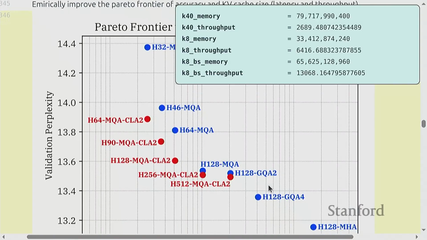Okay, so notice that, for example, with 64 heads, the cache size gets reduced, but the validation perplexity does go up a little bit. But overall, there's an advantage in making that trade-off.